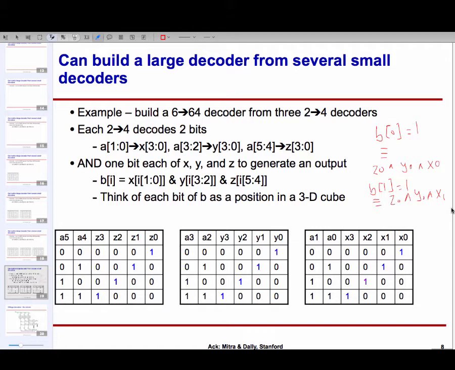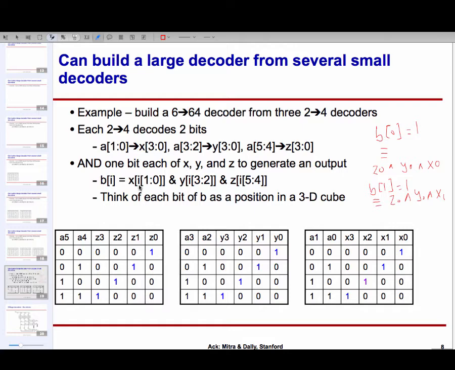How many possibilities are there? 4 times 4 times 4, 64. They kind of match up. This general equation out here is stating the same thing. It's basically saying that if Bi is high, then I select the right thing out of X, the right one out of Y, and the right one out of Z. It's a funky notation.